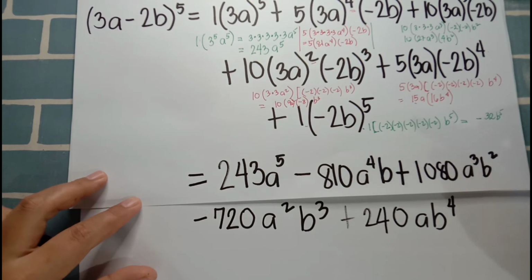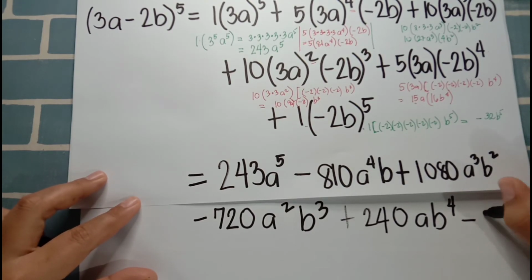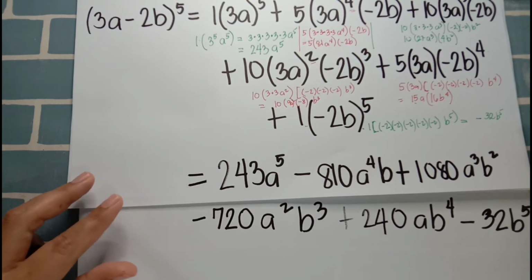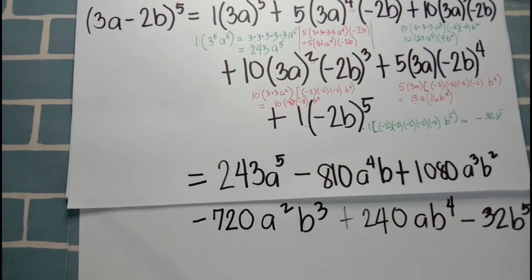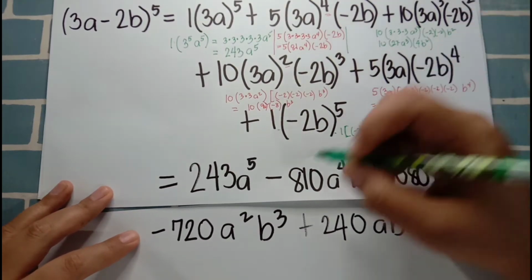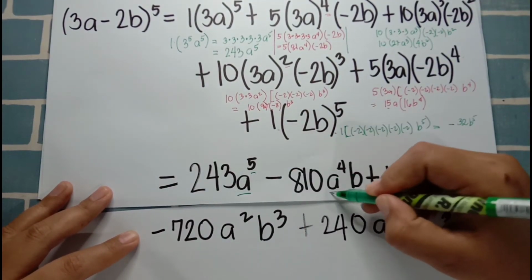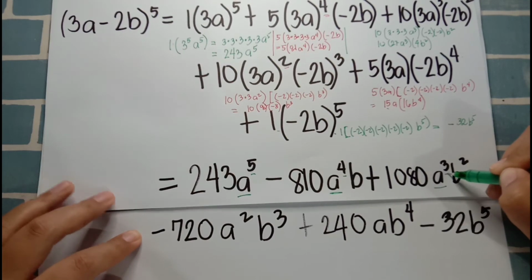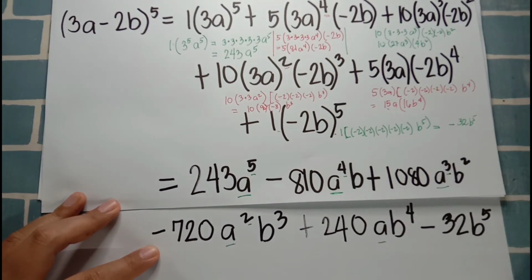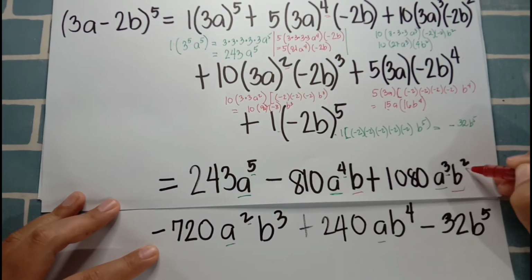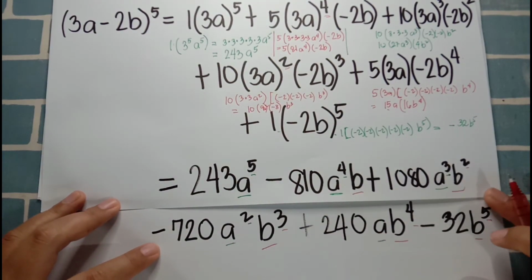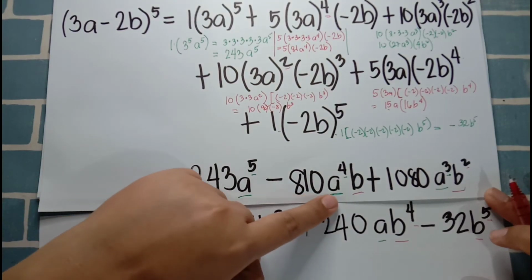So, this solution is a detailed solution. So, if you may solve it by your brain without writing it, you can do so. Or you can use calculators for faster solving. So, our answer is 243 a to the 5th power minus 810 a to the 4th power b plus 1080 a cubed b squared minus 720 a squared b cubed plus 240 a b to the 4th power minus 32 b to the 5th power.